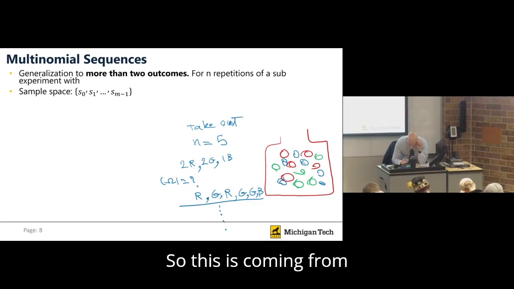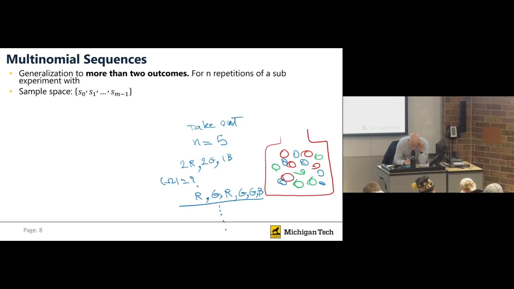So this is coming from the multinomial formula, which is like binomial.